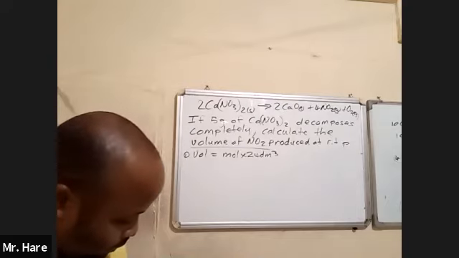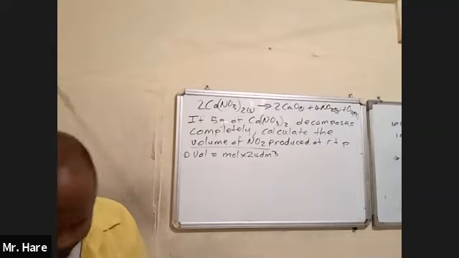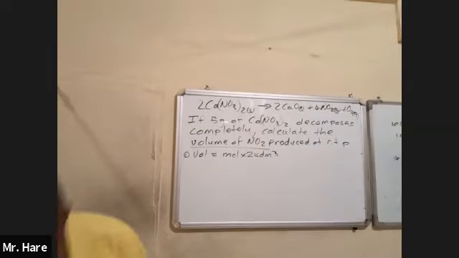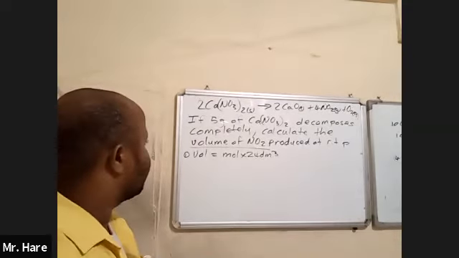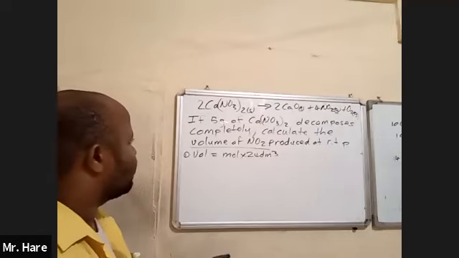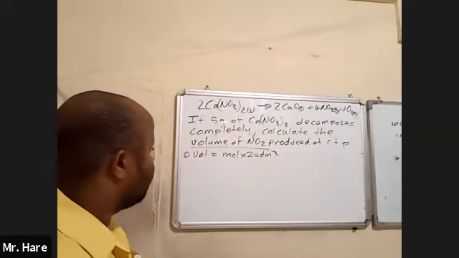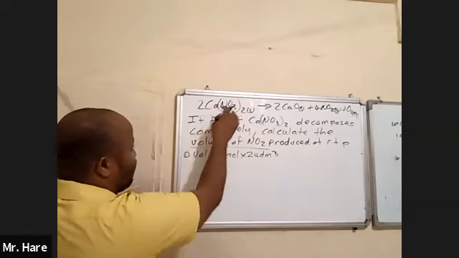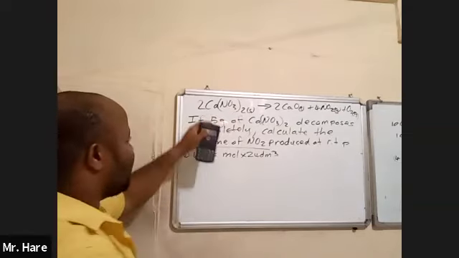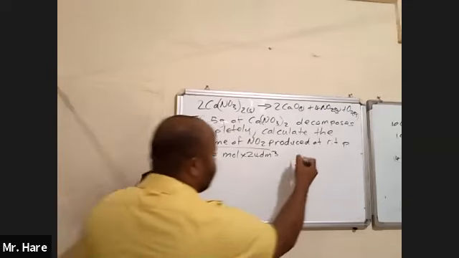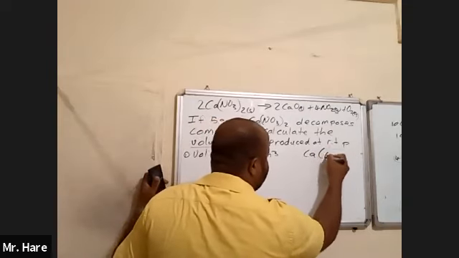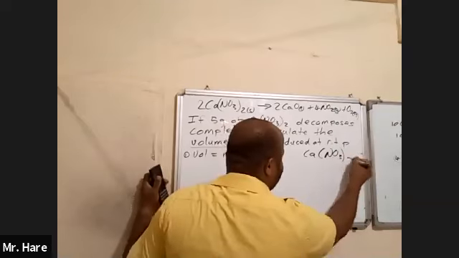Sir, for the question here, it's supposed to be nitrogen times 2 and oxygen times 6, right? Yes, for this, yes. To get the molar mass of calcium nitrate, the formula is Ca(NO3)2.